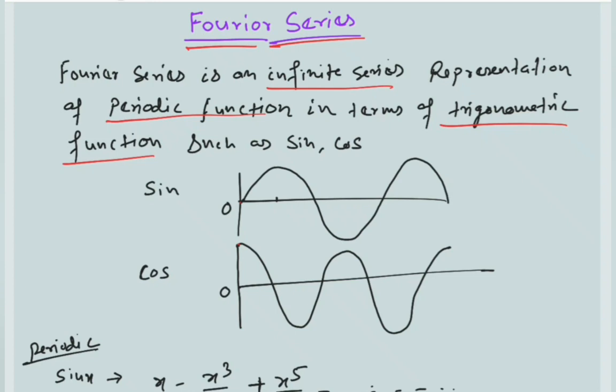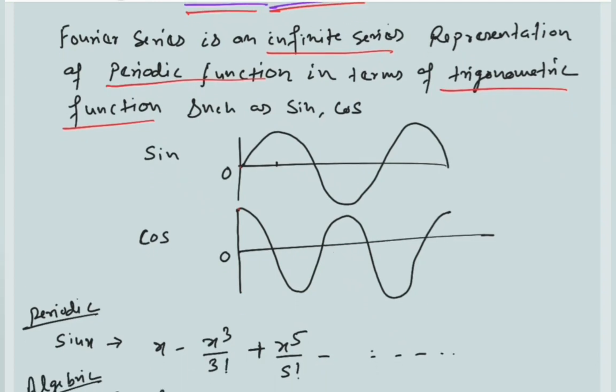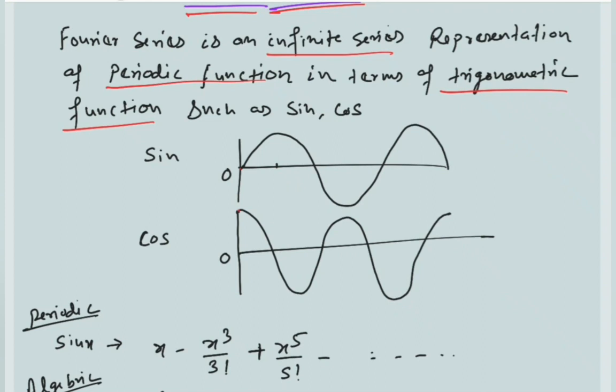So suppose you take any curve. Suppose I have chosen here a sine curve and a cosine curve. After a certain interval of time, this cycle is repeated. This cycle starts from 0, goes like this, and comes back here. So that is one complete cycle. After that, again this cycle is repeated like this.